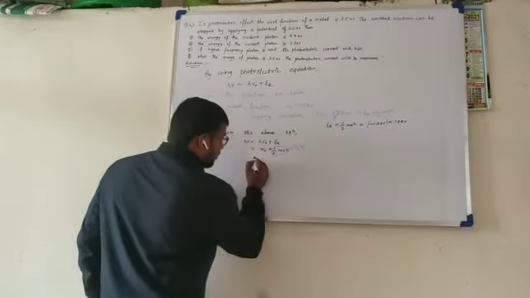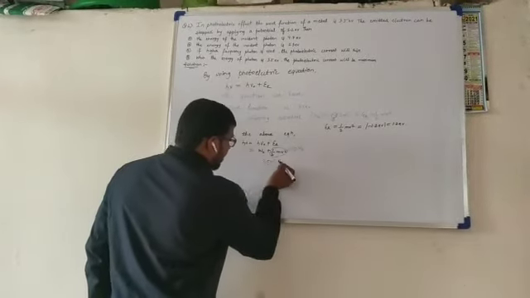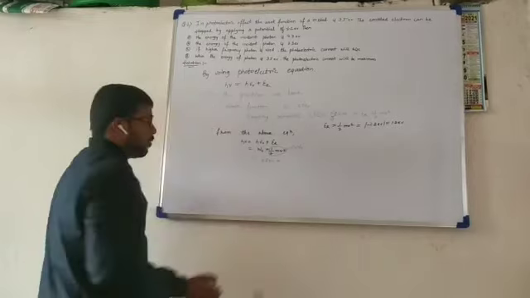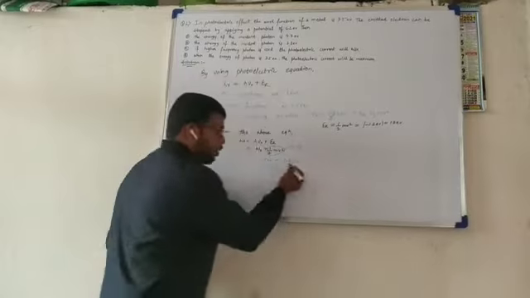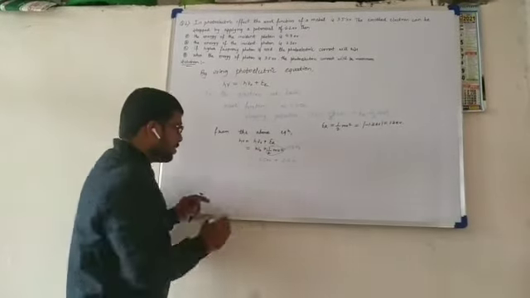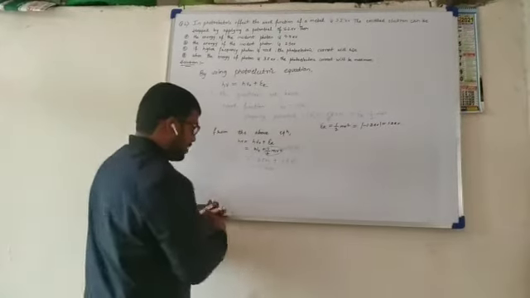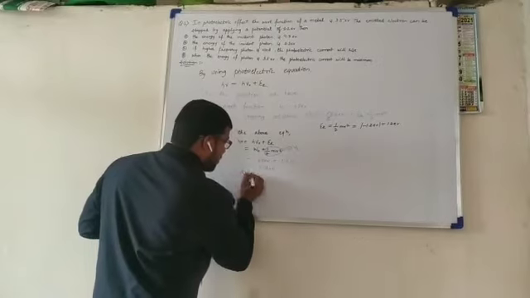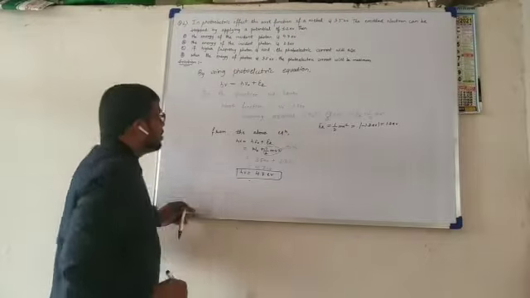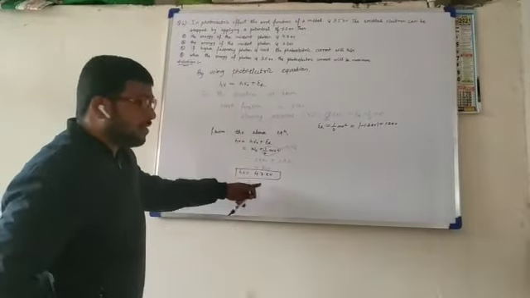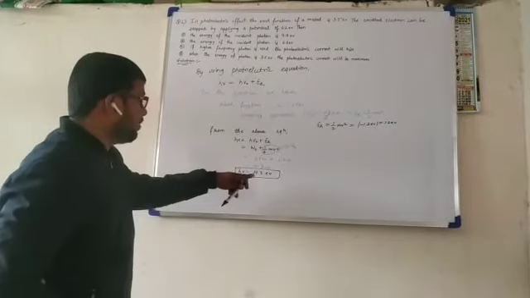So putting the value of the work function, 3.5 electron volt, and here we take only the magnitude of the stopping potential, 1.2 electron volt, it will come 4.7 electron volt. So h nu equals 4.7 electron volt. This is the value of the energy of the incident photon, 4.7 electron volt.